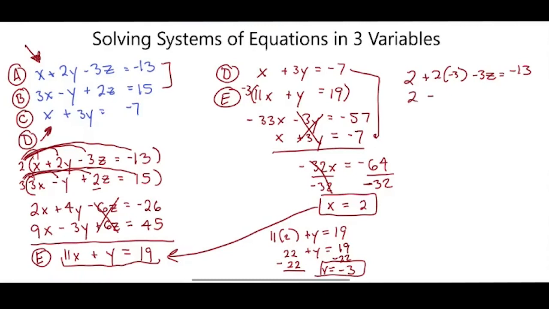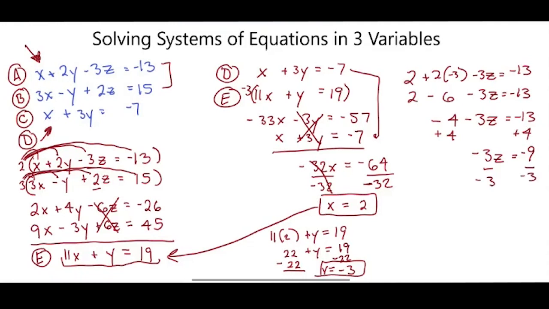So 2 minus 6 minus 3z equals negative 13. 2 minus 6 is negative 4 minus 3z equals negative 13. Now I'm going to add 4 on both sides, which gives negative 9. Then I'm going to divide by negative 3 on both sides. So z equals 3.